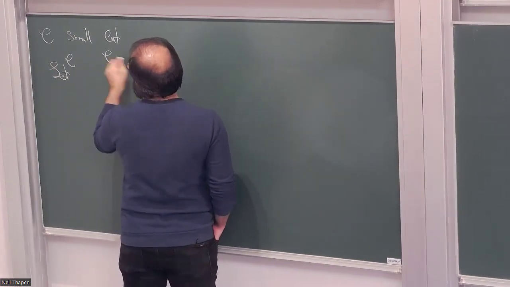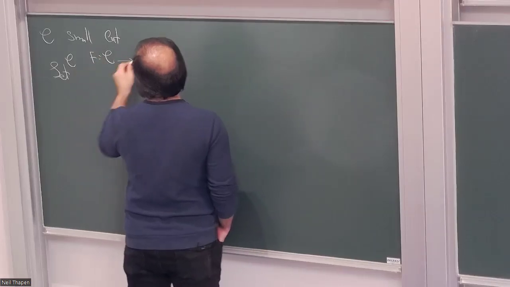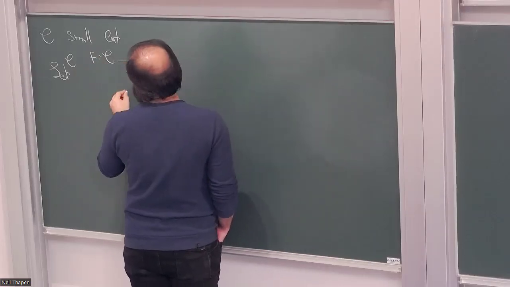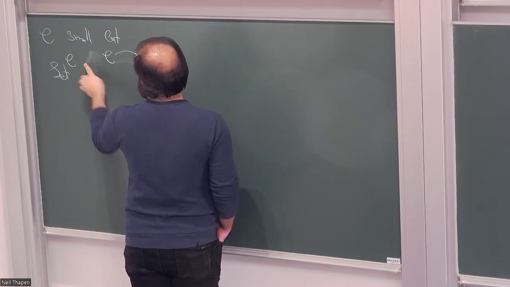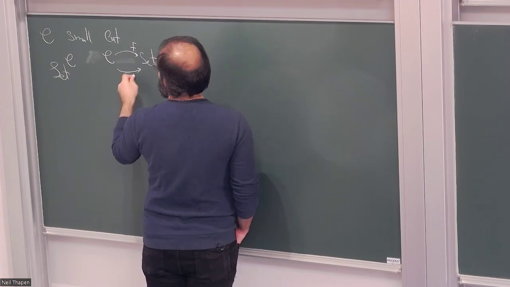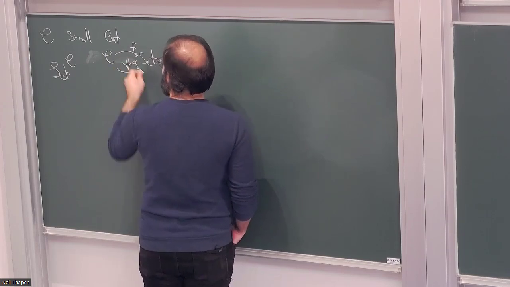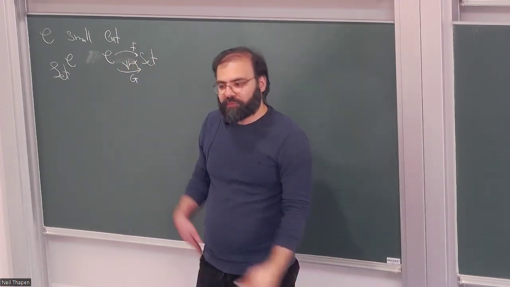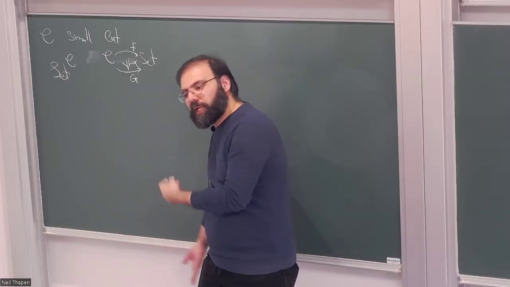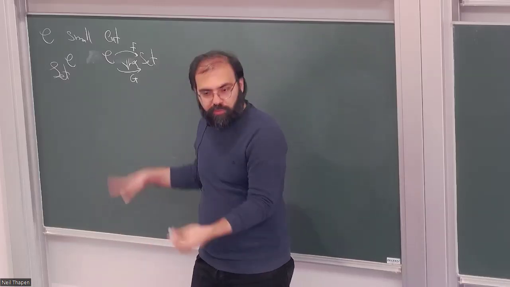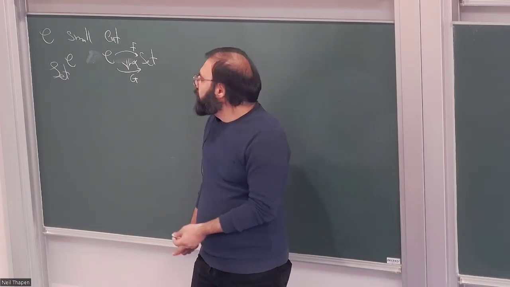The objects were just functors from C to Set, and if you have 2 functors, then natural transformations are the morphisms. Of course, the composition of natural transformations is a natural transformation, and identity is a natural transformation. So you have a category here, right?